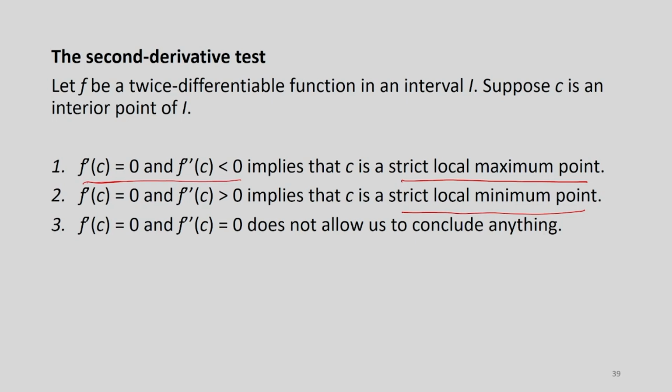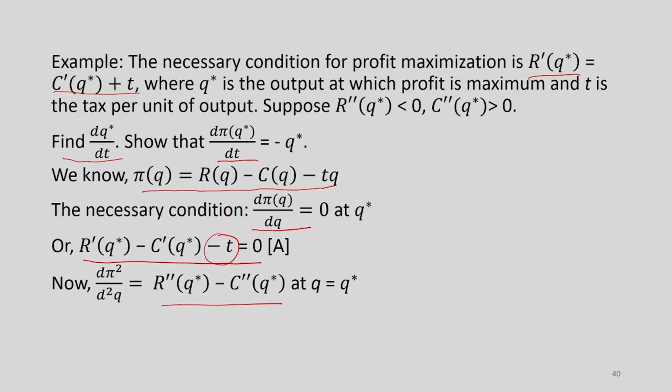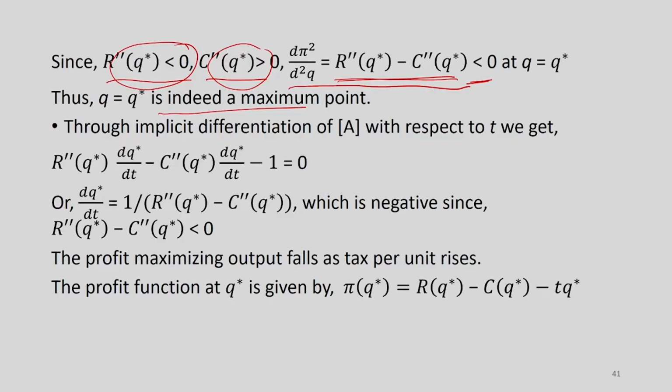If these two conditions are satisfied, then c is a strict local maximum point. So, in short, we started with the assumption that Q star is the maximum point, and we have used the condition which is given, and we have shown that indeed Q equal to Q star is a local maximum point.